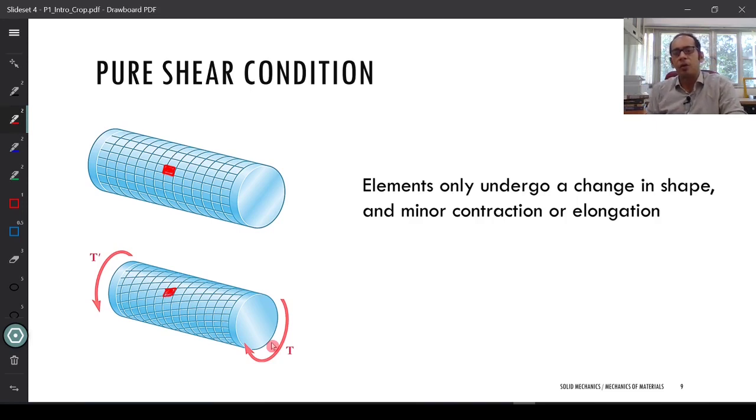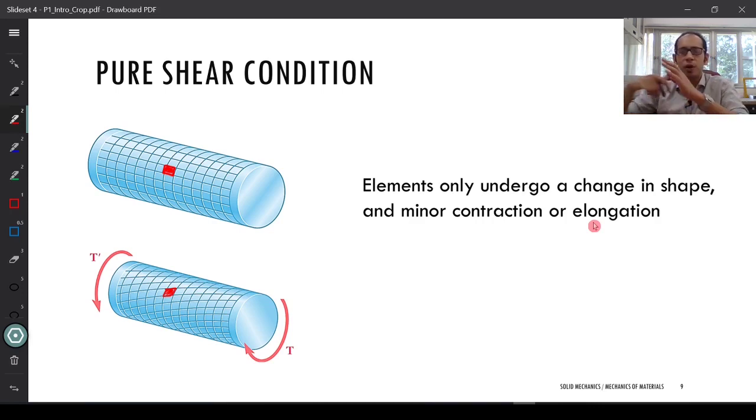right? Now, as is mentioned here as well, elements undergo a change in shape and only a very minor contraction or elongation. That is, very negligible shifting of the points about the longitudinal axis, but you have a more appreciable shifting about these particular axes.